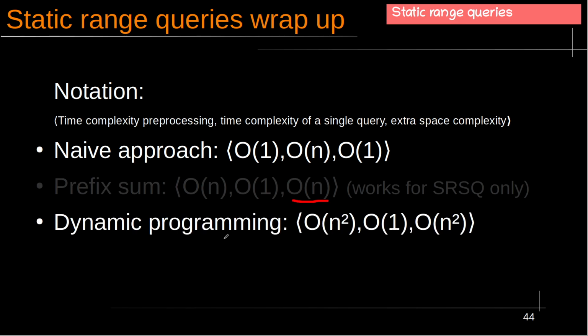The dynamic programming approach we used here builds a matrix that computes all the ranges in quadratic time pre-processing, constant time for a single query, and quadratic extra space.